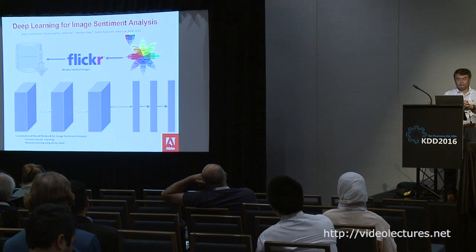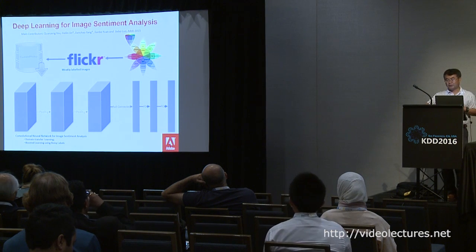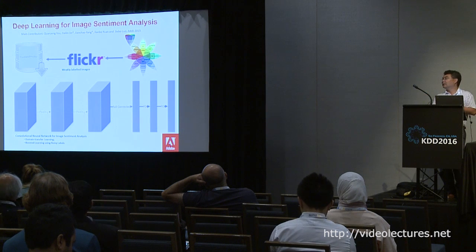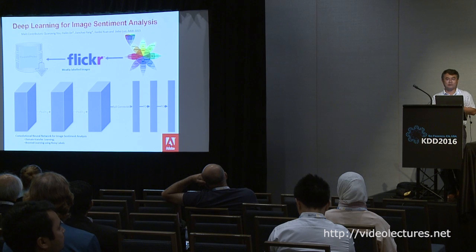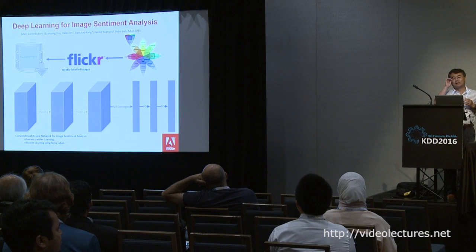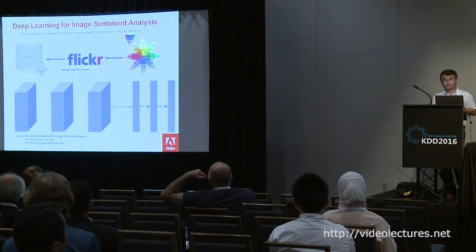Then deep learning was all the rage, so we figured, if you can do well in object detection with deep learning, can we try it on sentiment analysis? Yes, you can try, but it's actually not easy, because a deep network needs a lot of data to train.